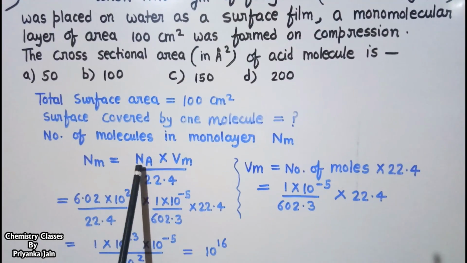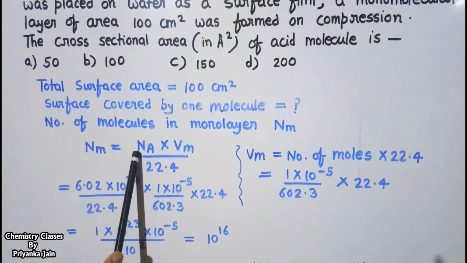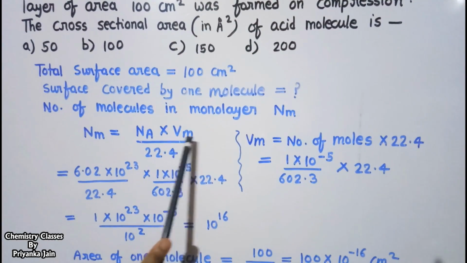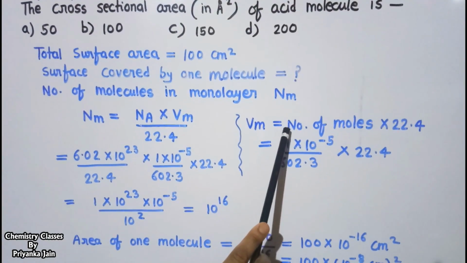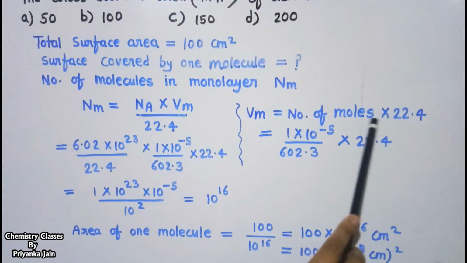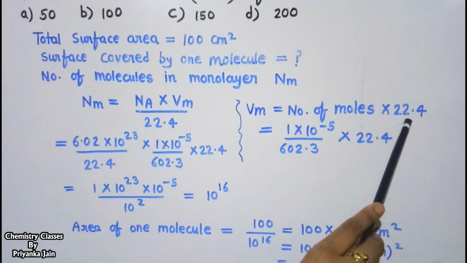Here Na is the Avogadro number, 6.02 × 10^23, and Vm is the volume of the monolayer. That is given by Vm equal to the total number of moles times 22.4, as we know that 1 mole occupies 22.4 liters.